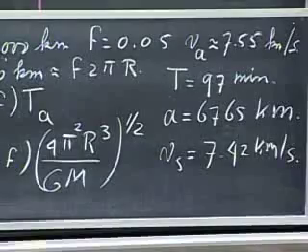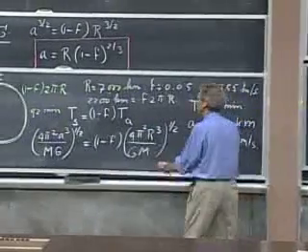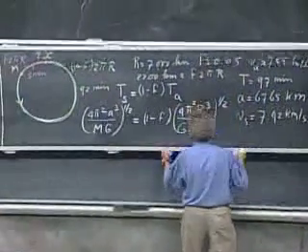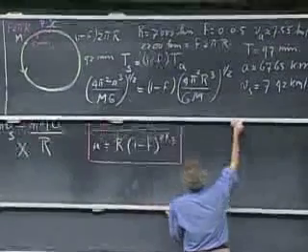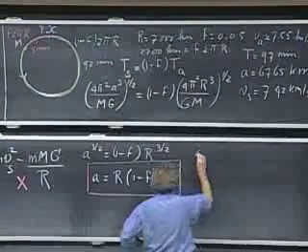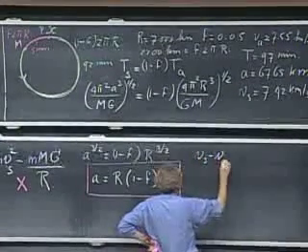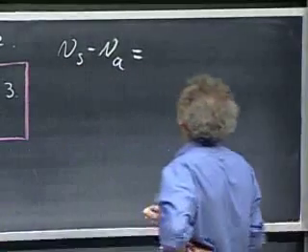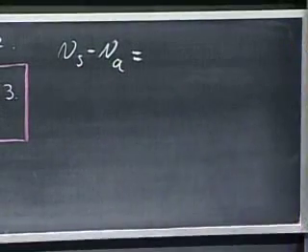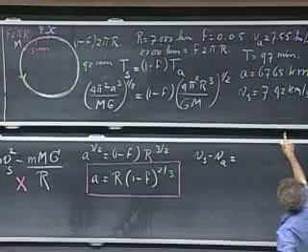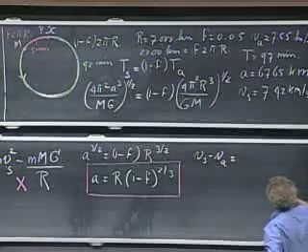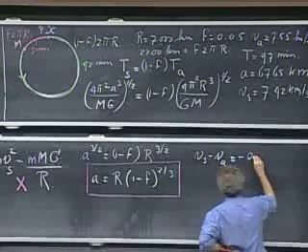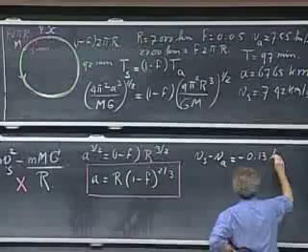Now, what matters for Peter is not so much what the speed of the sandwich is, but what speed he will have to give the sandwich, which is V of S minus V of A, and you have to subtract the speed. V of S is the speed of the sandwich, V of A is the speed of the astronauts in orbit. This is minus 0.13 kilometers per second.